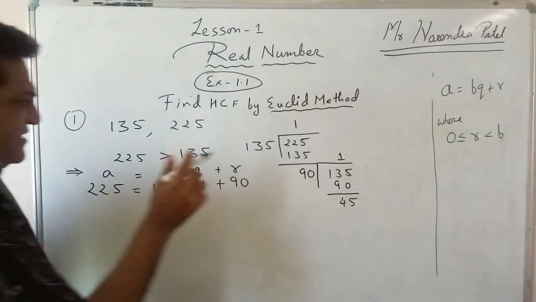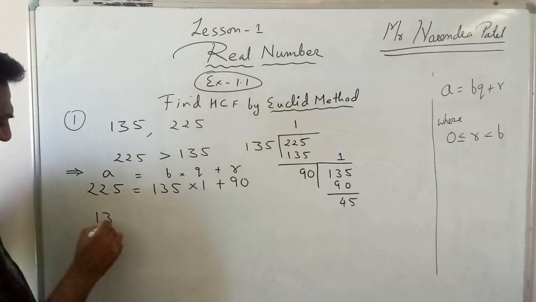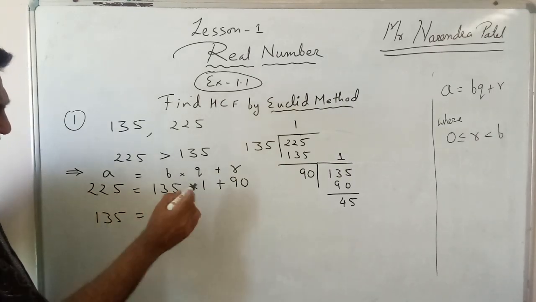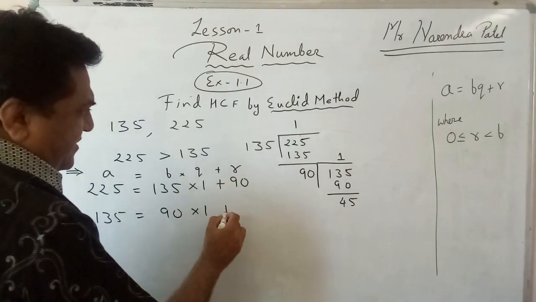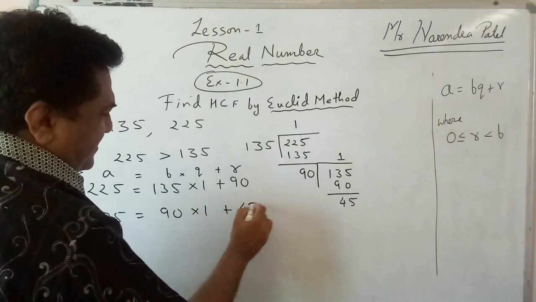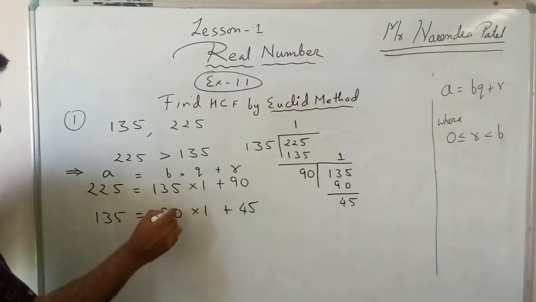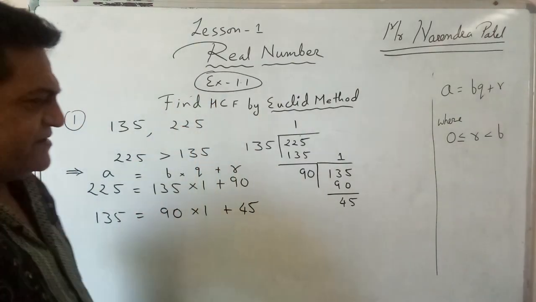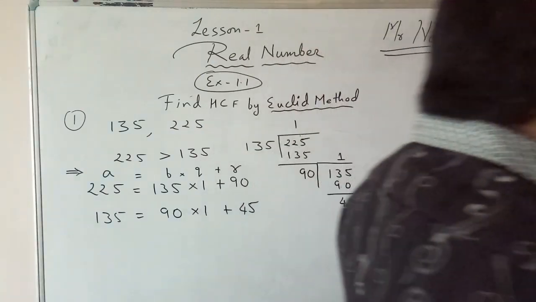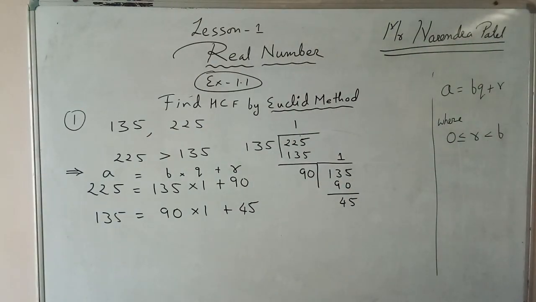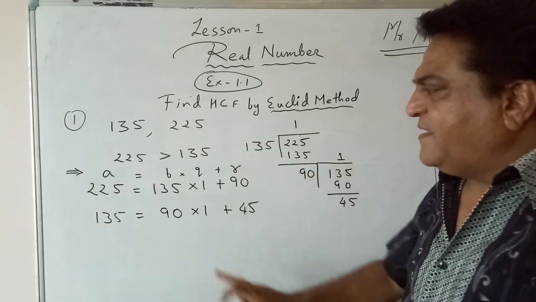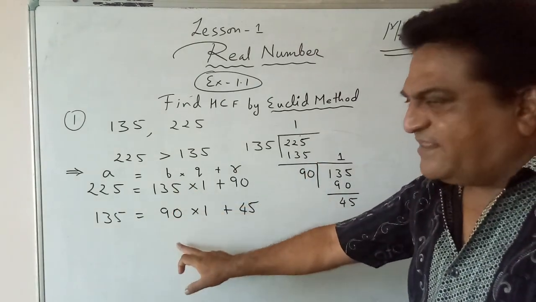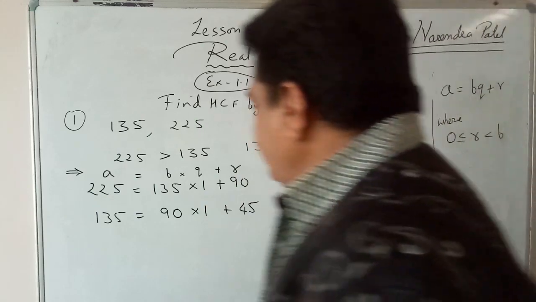This also we write like this: 135 is equal to 90 into 1 plus 45, which is your remainder. Understood what I am doing? I am dividing in rough, but you have to do this rough work also in your solution, and write it like this in the Euclid method.